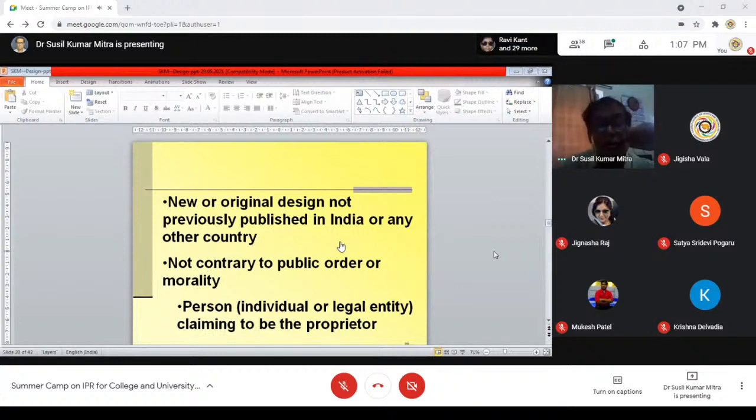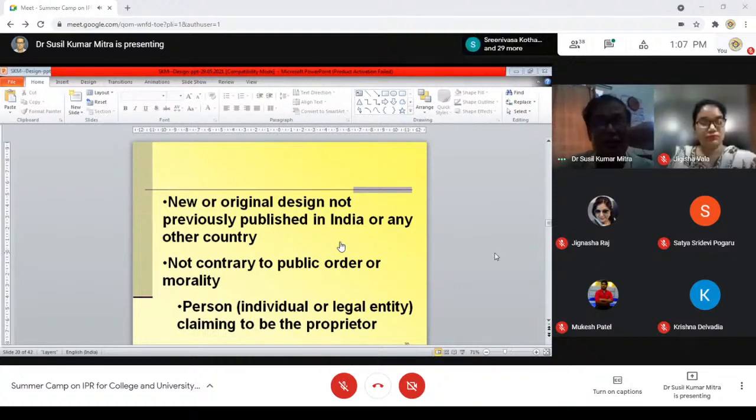And also, the person, the individual or legal entity claiming to be the proprietor, only when that design will not affect any security of India. Say, for example, a submarine is used by our Indian Navy. You cannot go for registration of a submarine also, because it is a defense product.